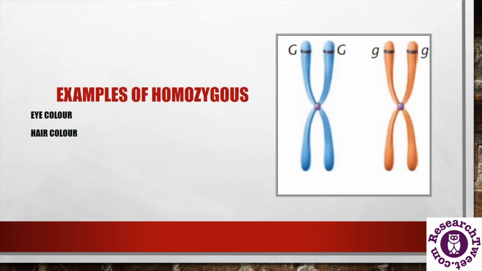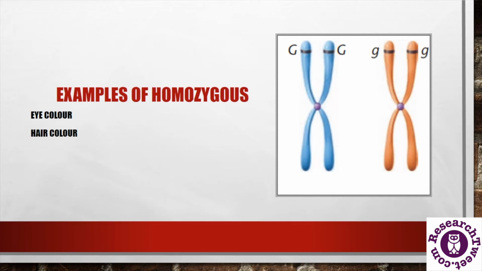Now let's understand homozygosity with some examples. Examples of homozygosity in humans include eye color and hair color. In the picture, we can see the examples of a homozygous chromosome. Here in the first image, a pair of homologous chromosomes has two alleles for a specific trait.